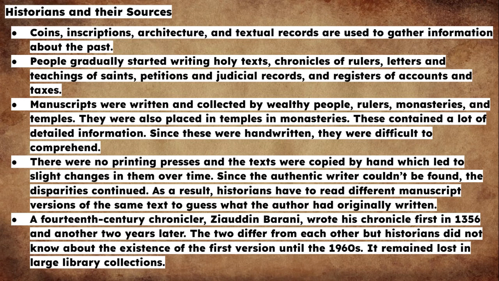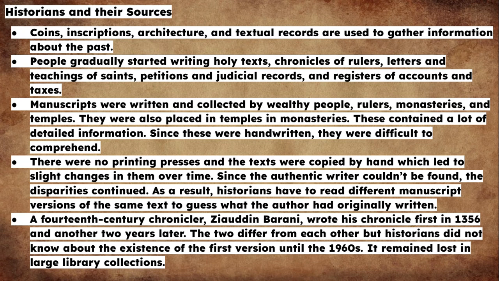There were no printing presses and the texts were copied by hand, which led to slight changes in them. Over time, since the authentic writer could not be found, the disparities continued. As a result, historians have to read different manuscripts and guess what the author had originally written.